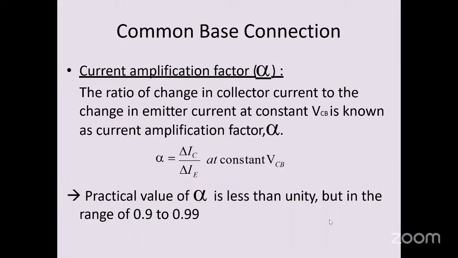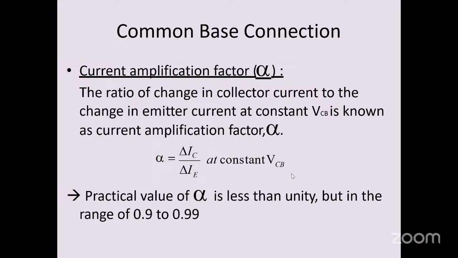So the amplification factor for this common base is alpha. So what do you mean by this? You can see a delta which indicates change in current I. So the ratio of the change in collector current to the emitter current change is nothing but the amplification factor for common base.